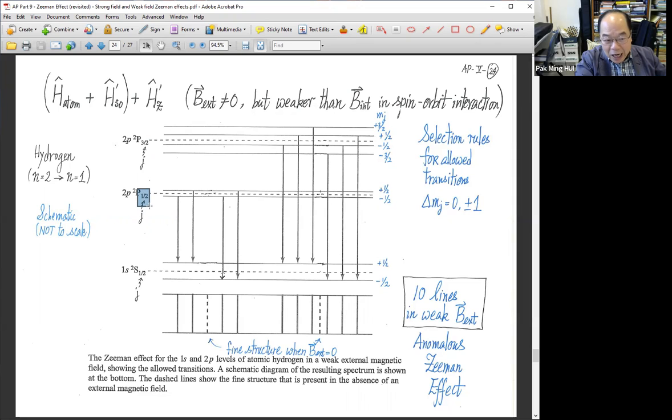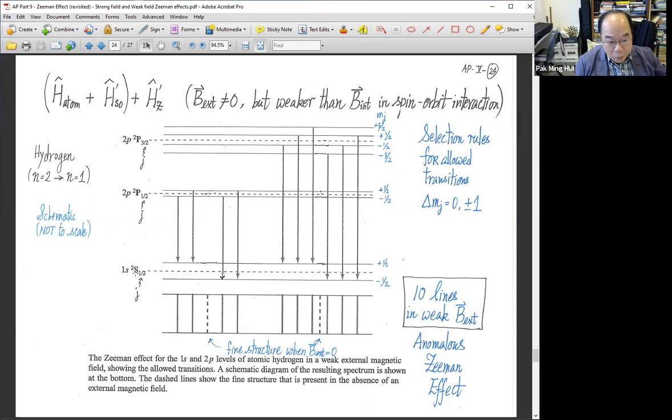Similarly, for J equals 1/2, the external magnetic field will split it according to the MJ. The splitting depends on the g factor for this group. This is different. This is 2/3, okay, 0.67. So you notice that the difference here is different from the difference here in this picture. Again, largely exaggerated. Blown up for you to see, so it is not to scale.